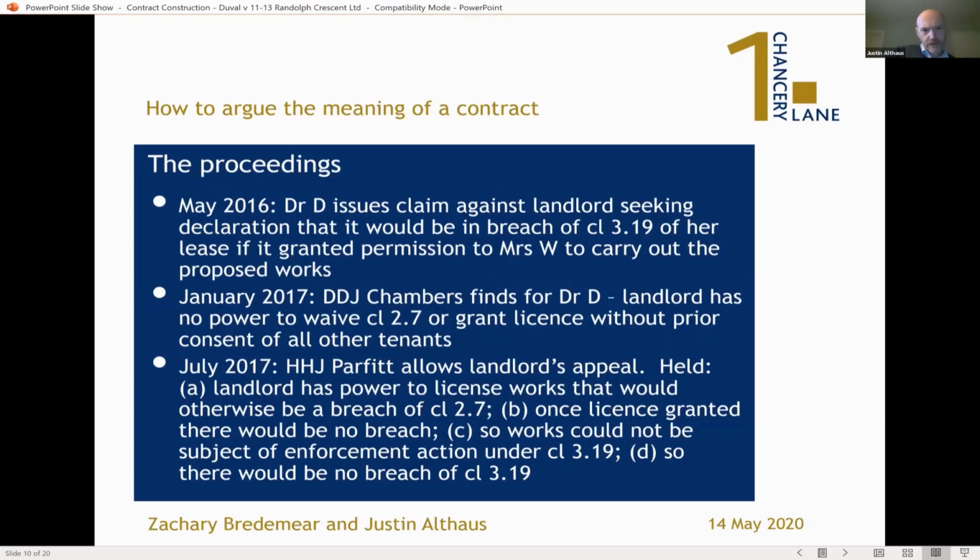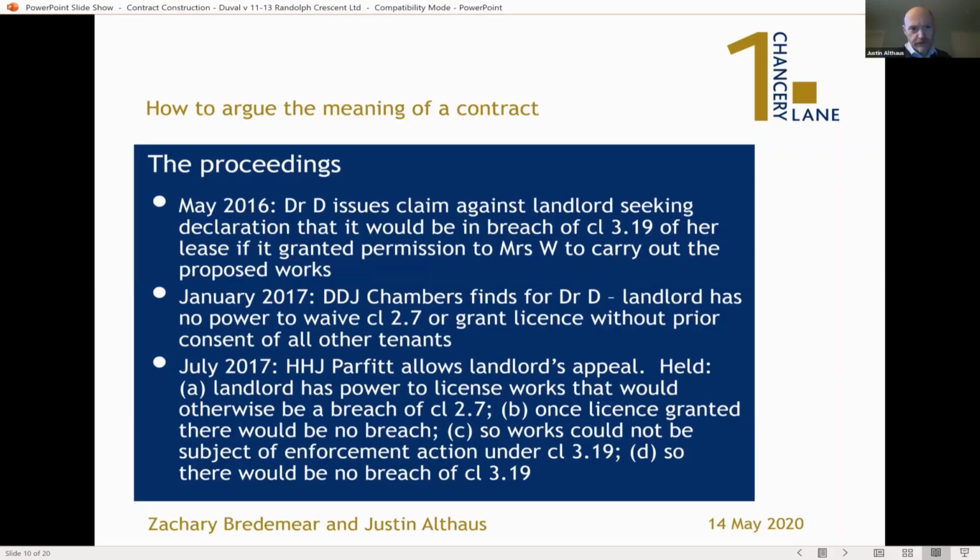The case reaches Deputy District Judge Chambers in January the following year, and he finds for Dr. Duval. He finds that the landlord had no power to waive clause 2.7 or to grant a license without the prior consent of all the other tenants. So round one to Dr. Duval.